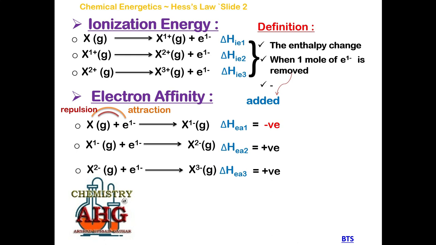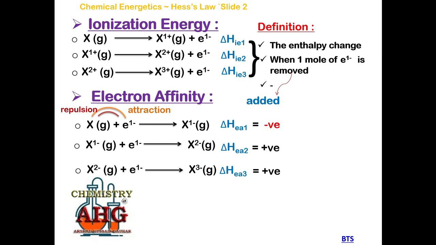So there are two forces: force of attraction and force of repulsion. Force of attraction releases energy, force of repulsion absorbs energy. In the first electron affinity, the force of attraction is greater than the force of repulsion. So the energy released is greater than the energy absorbed. So overall, delta H, the enthalpy change, becomes negative, it becomes exothermic.